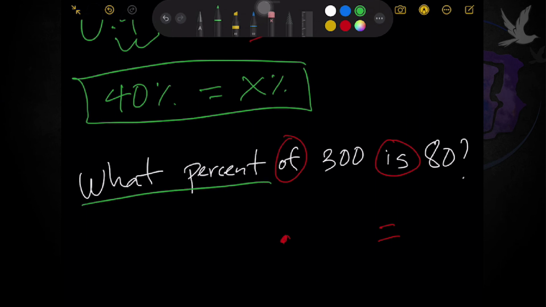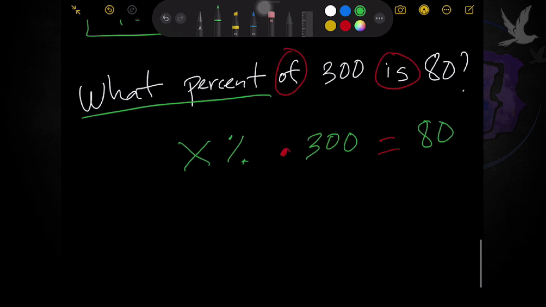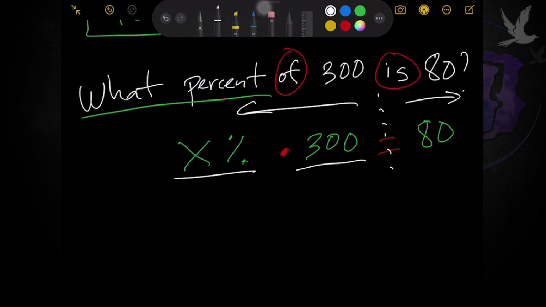Again, percent is the missing value. Writing the other components, 80 over here. Then again, if you notice that in this side of the equation, we have 2 parts, because they are separated by the equal sign. You have x percent here accompanied by 300.